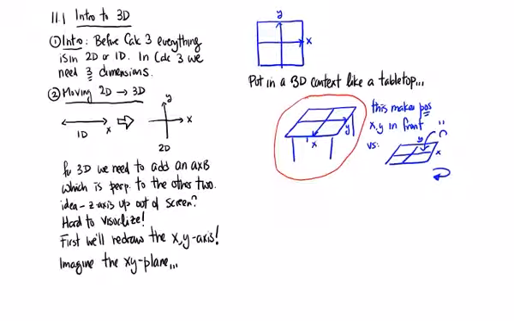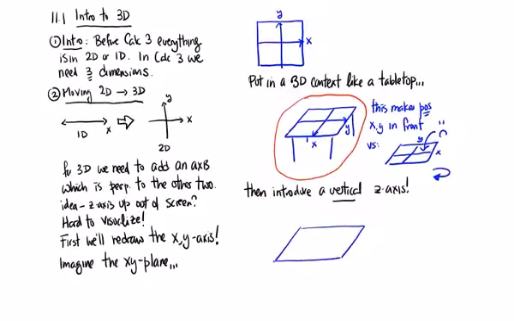Then what we'll do is create a z-axis that goes vertically. So we'll introduce a vertical z-axis. In other words, if we go back and draw this table again, right now I'll draw it without the legs.